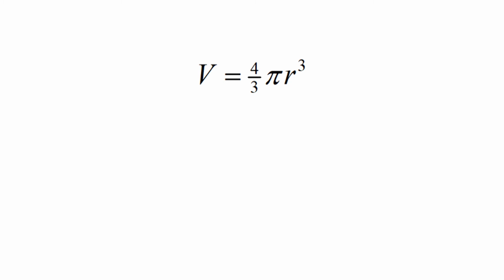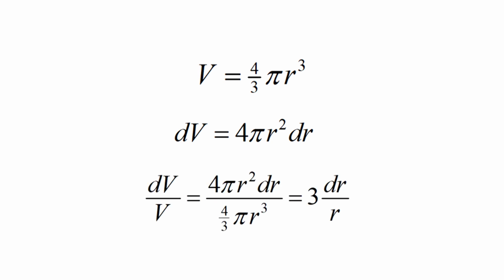The volume of a sphere having radius r is V is equal to 4 by 3 pi r cube. So, taking differentials, we obtain dV is equal to 4 pi r square dr. It then follows from the formulas for V and dV that dV by V is equal to 4 pi r square dr all divided by 4 by 3 pi r cube, which is equal to 3 times dr by r.